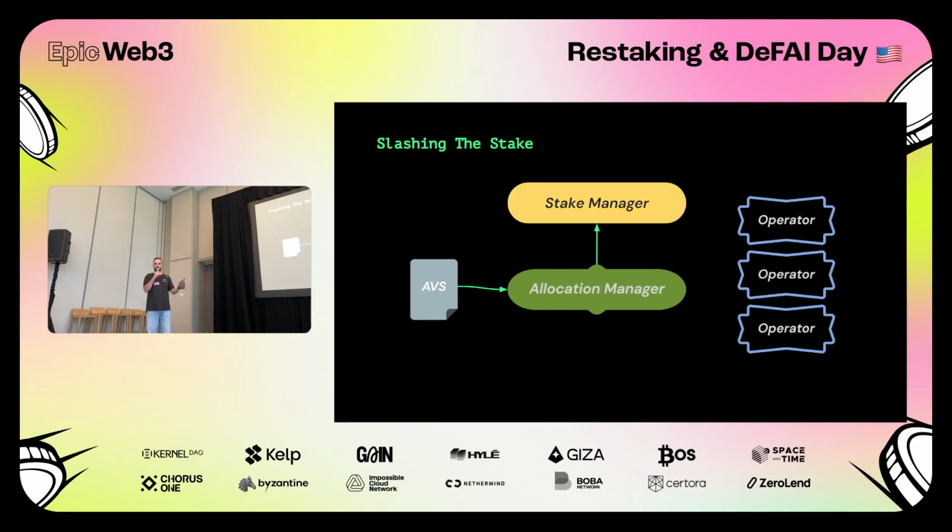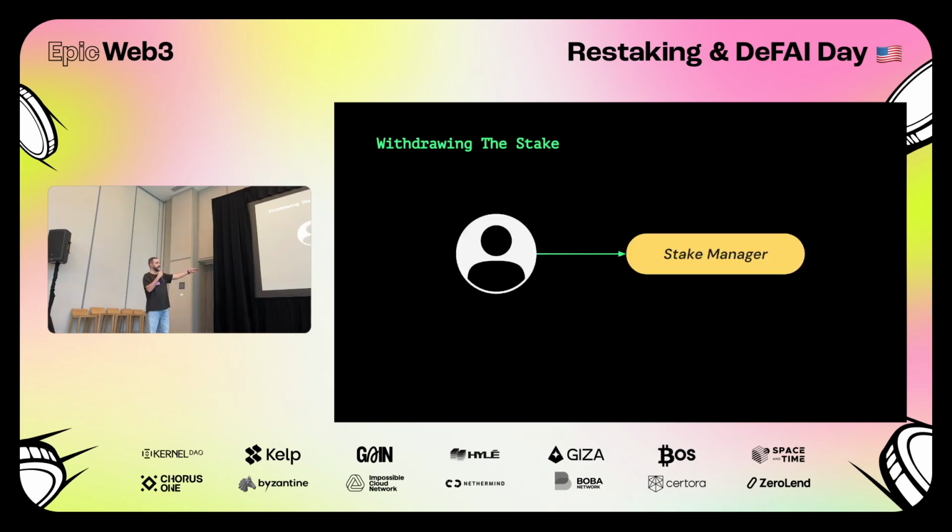Otherwise, the stakers don't lose any money, and the AVS will be upset because nothing was really affected. There was no penalty to the operator or to the stakers who delegated to that operator. So those two things are very important. Otherwise, things break.